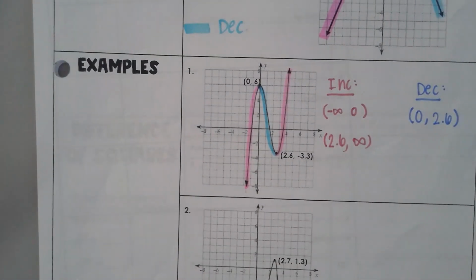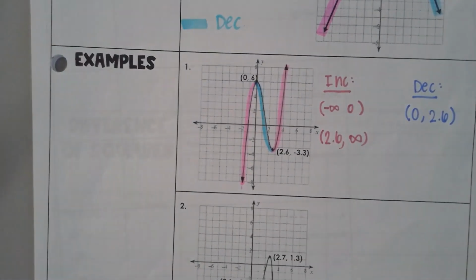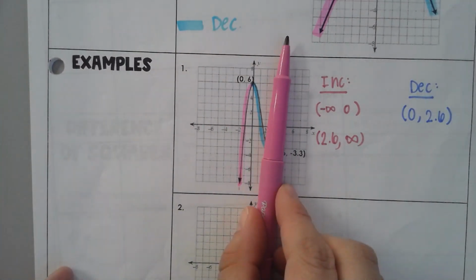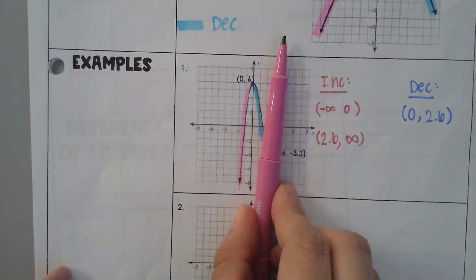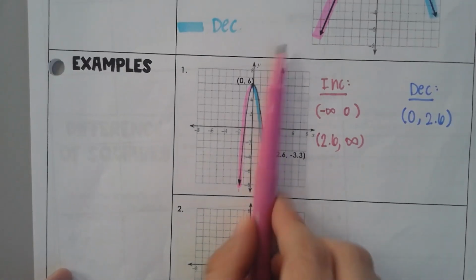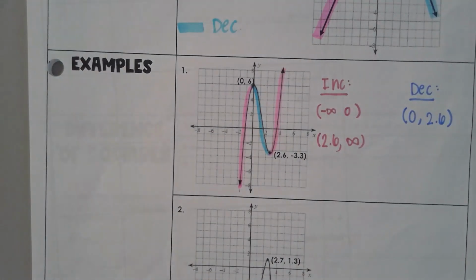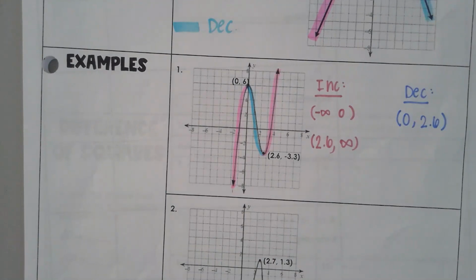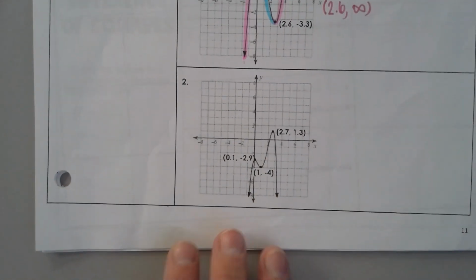We're not looking at up or down, we're looking at left or right. So this graph is going to the right, which means it ends on positive infinity. It's going to increase forever and ever. Okay. Number 2.